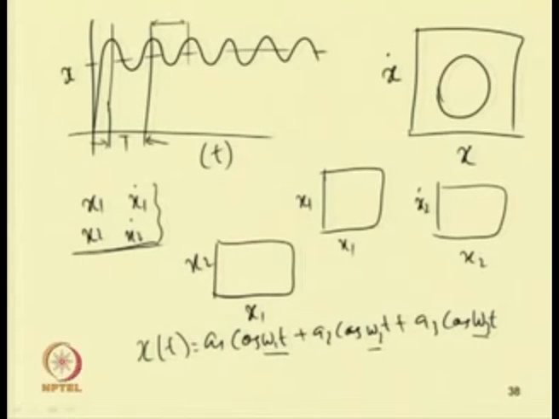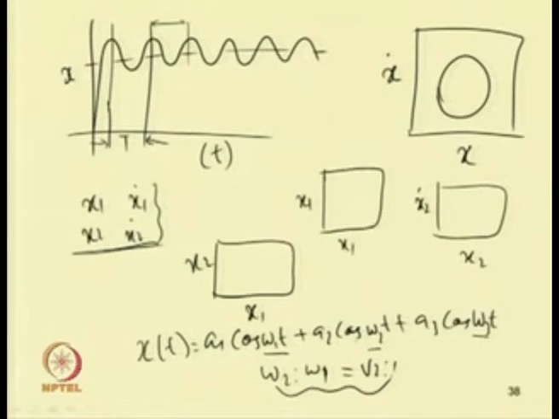But if the ratios are not rational numbers, for example omega2 by omega1 is root 2 by 1, which is not a rational number, then instead of getting a periodic response, one can obtain a quasi periodic response.